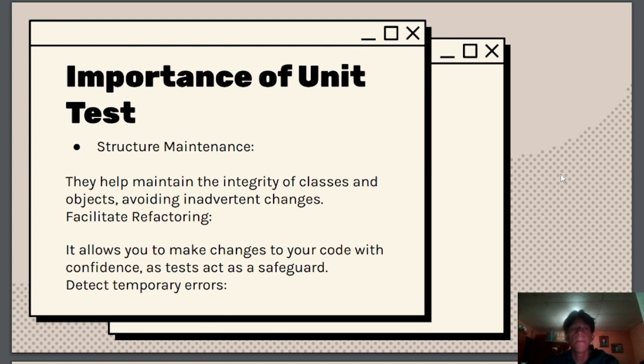Structure maintenance: they help maintain the integrity of classes and objects, avoiding inadvertent changes. Facilitate refactoring: it allows you to make changes to your code with confidence, as tests act as a safeguard to detect temporary errors.